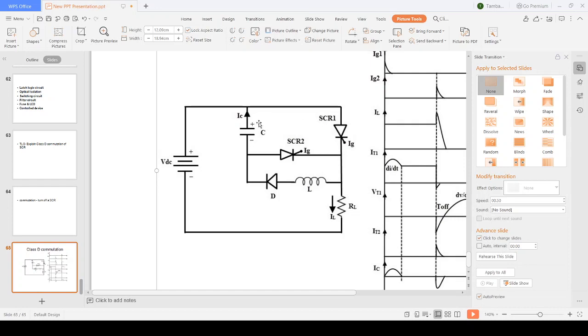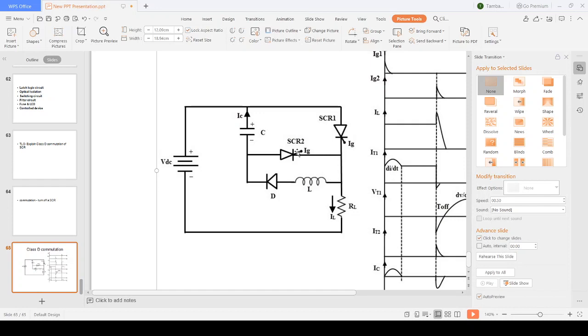The diode D is reverse biased, and at another instant SCR2 is triggered to turn off the main SCR1.